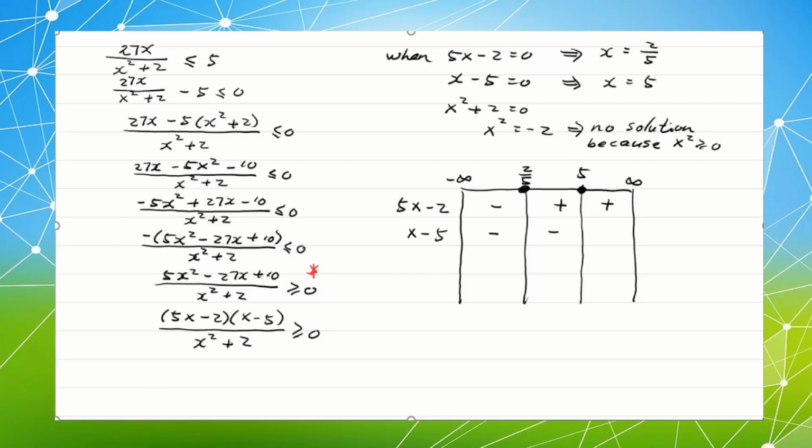Then when x is greater than 5, x minus 5 is positive. Now we test x power 2 plus 2. Since we know that x power 2 is always positive, a positive value plus a positive value means x power 2 plus 2 is always positive for these three intervals.